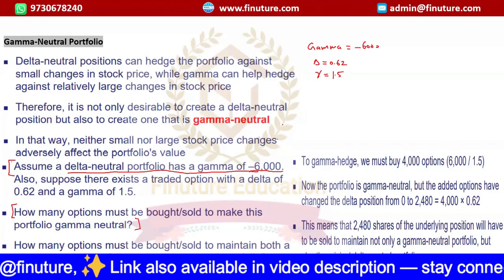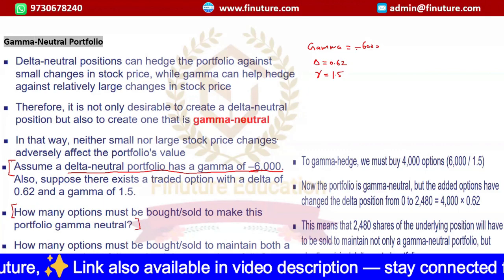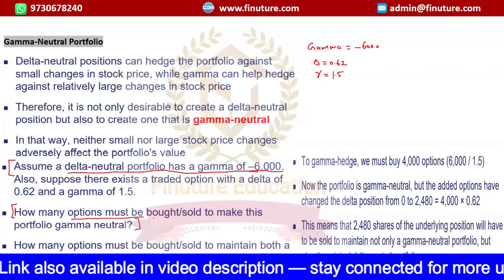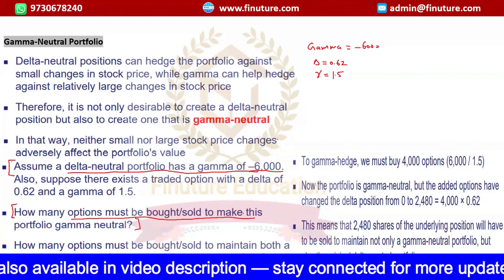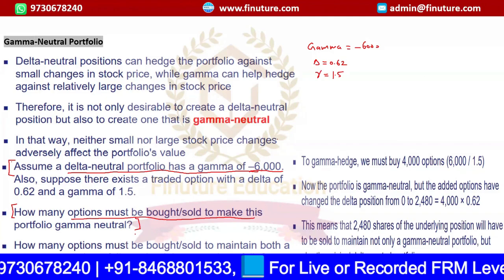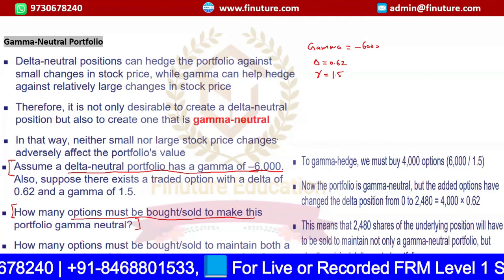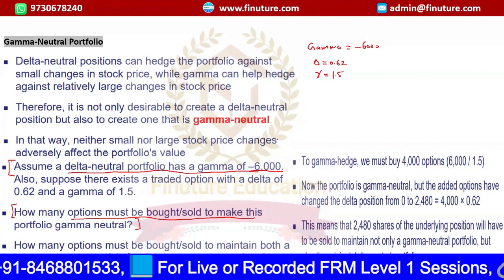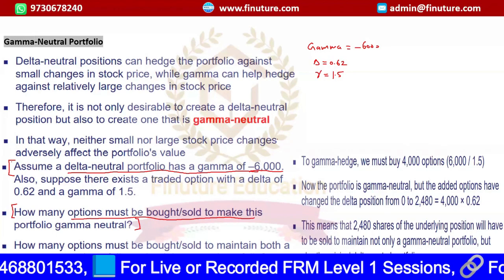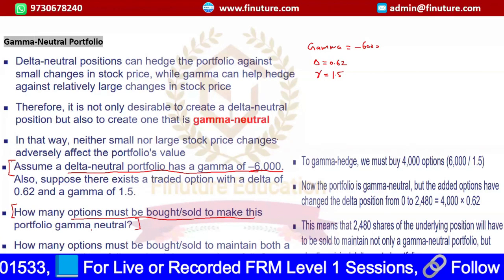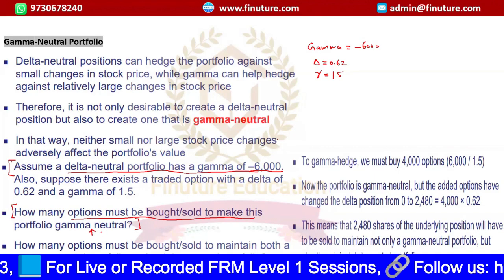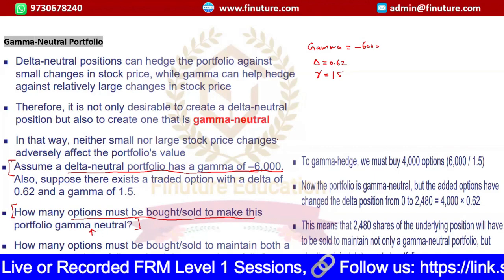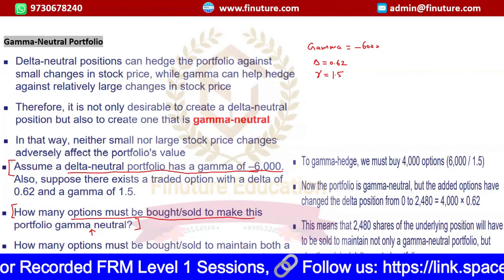And how many options must be bought or sold to obtain both gamma neutral and delta neutral? Very important. First, you are asked how you will make your position gamma neutral, and then how you will make it both gamma neutral and delta neutral.